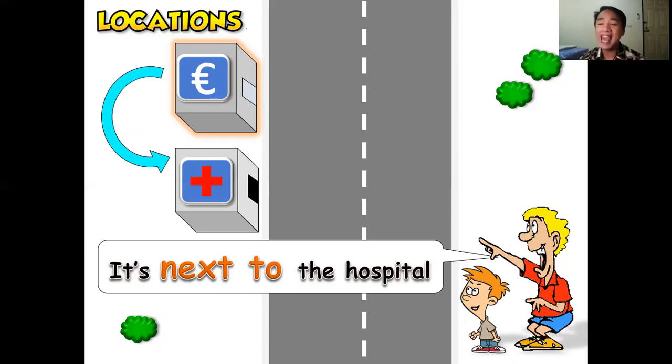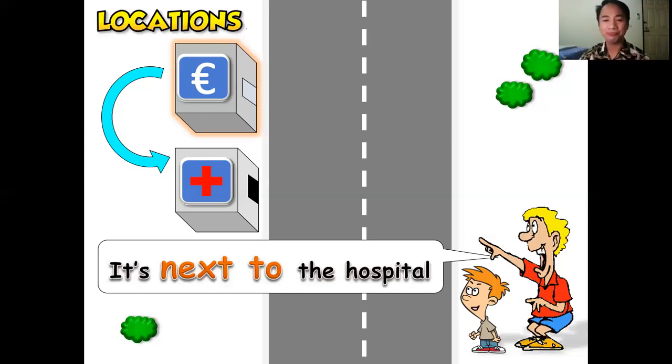So the landmark is the hospital, which is near the place that you want to go, which is the bank. You can find the bank there next to the hospital. As simple as that, you can say it's next to the hospital.